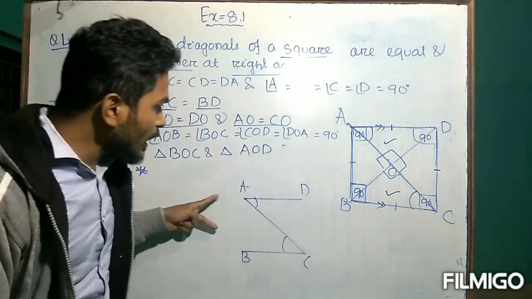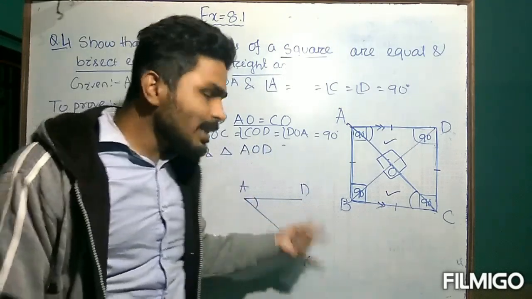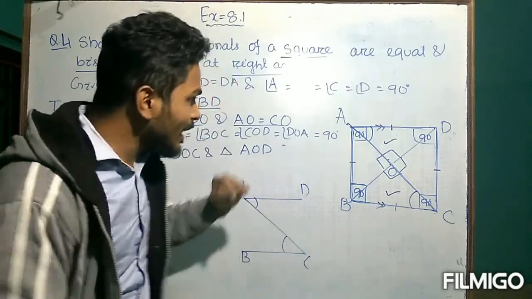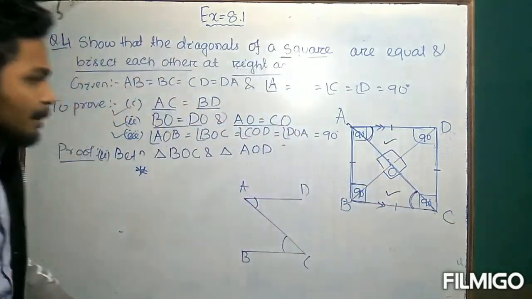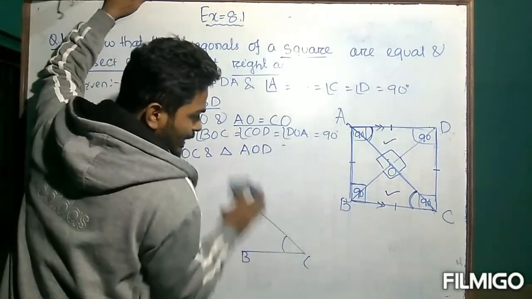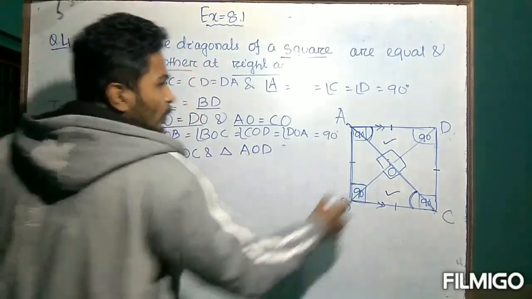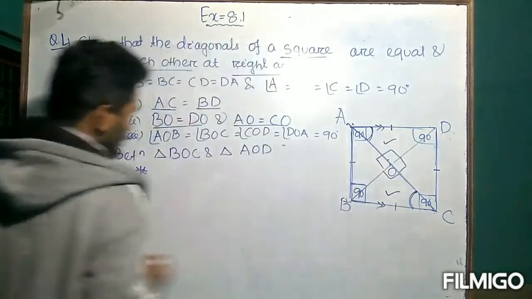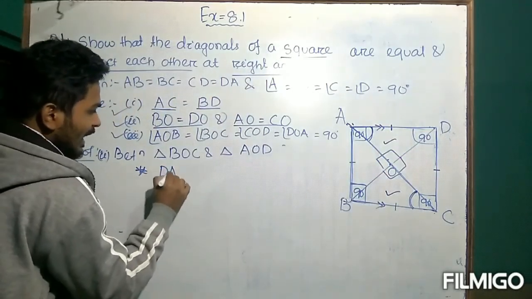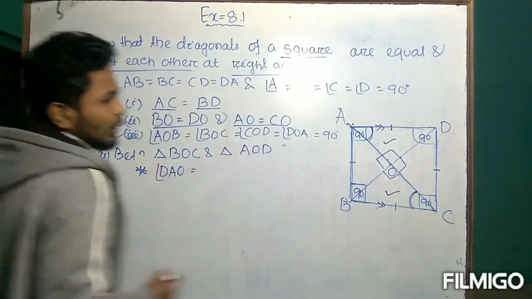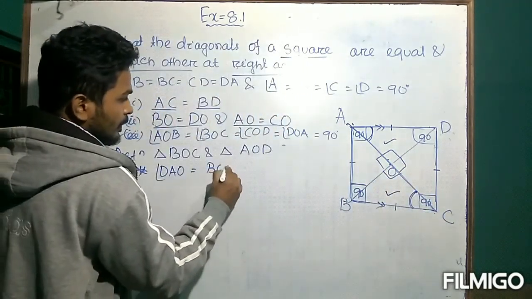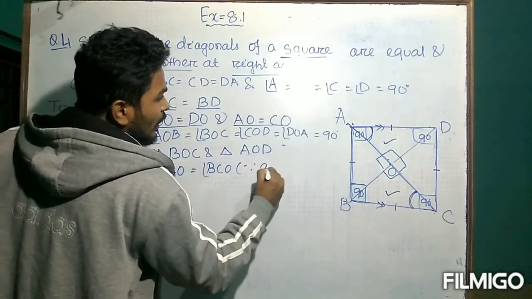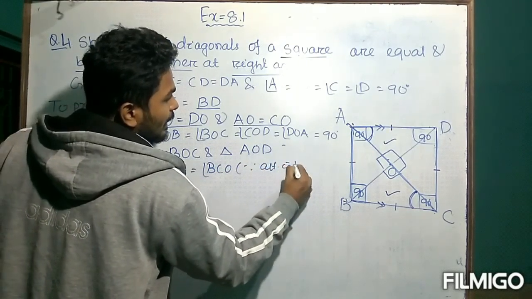And we know if there are two parallel lines and a transversal line, then the alternate interior angles are equal. So we can write that angle DAO is equal to this angle BCO. Why? Because they are alternate interior angles.